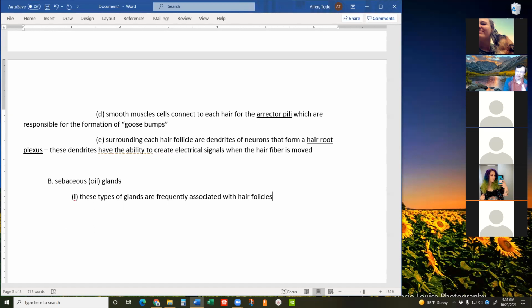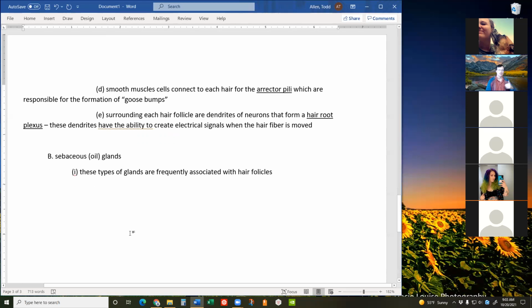They intersect. Like if my right hand is the hair follicle, the sebaceous gland is coming up on an angle and intersecting with it. Please take note of that. These types of glands are frequently associated with hair follicles. The secreting portion of the gland typically lies in the dermis and it opens onto the neck of the hair follicle.